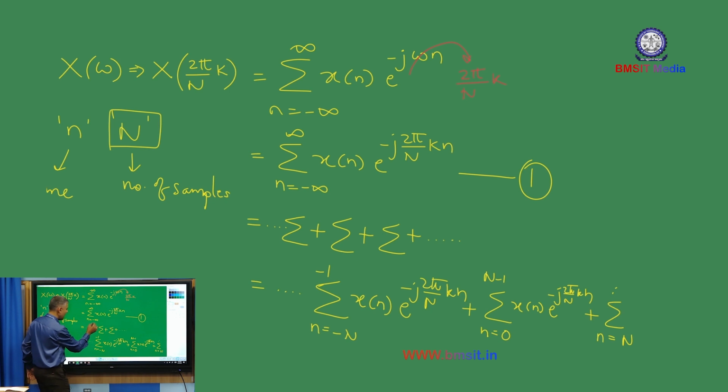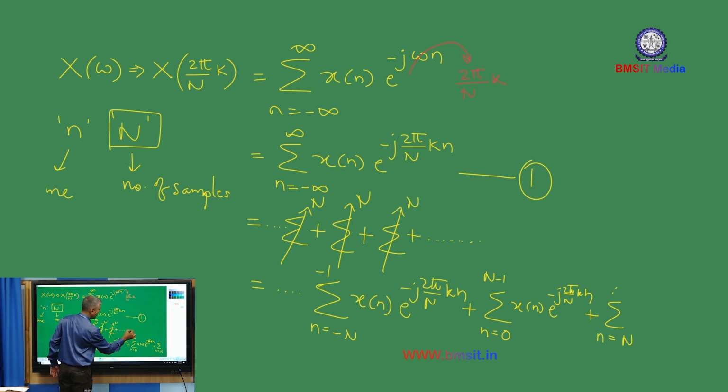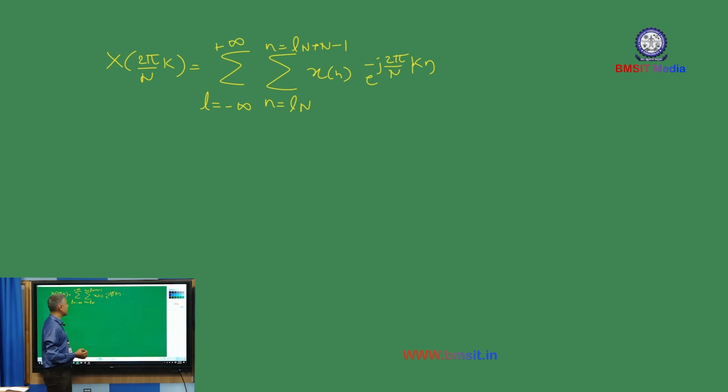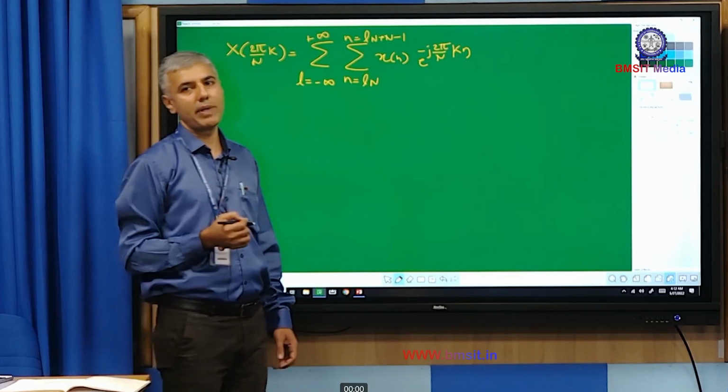Each summation has N terms, and like that each of them has N number of terms. All those N terms have been represented using the next version, which is a summation of summations.